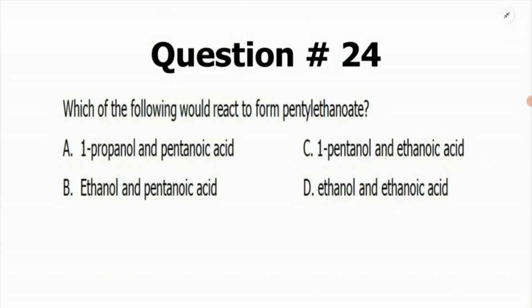Which of the following would react to form phenyl ethanoate? So basically you are asked to predict from which alcohol and carboxylic acid is this ester derived from.